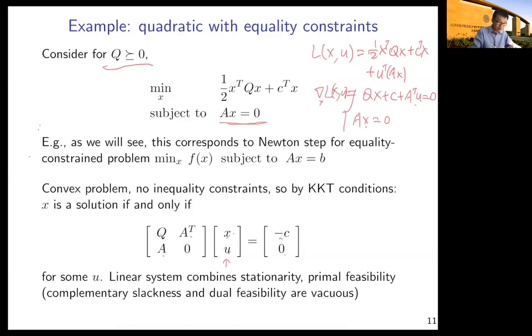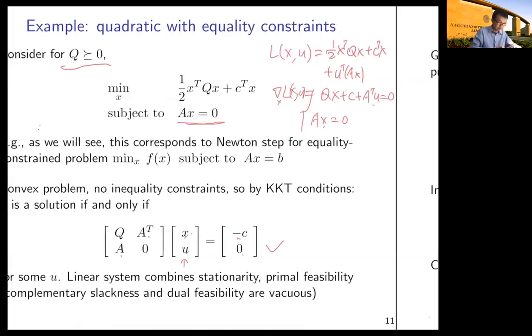And that gives us this very cleanly looking system of linear equations. In other words, the linear constraint version of the QP is very easily solvable by simply solving a system of linear equations. In this case, since we don't have inequality constraints, we don't need to worry about complementary slackness or anything like that.